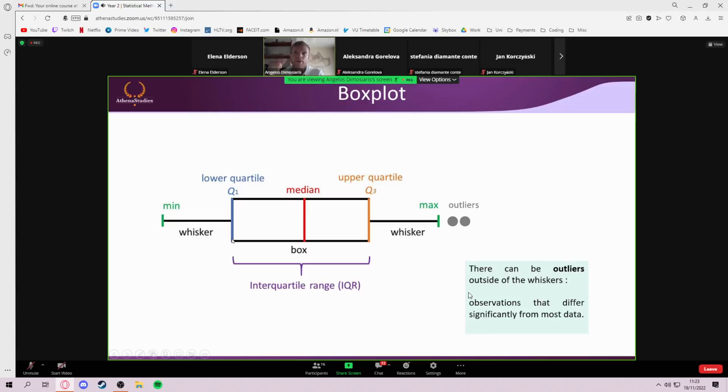So this is the value of the person at one quarter of my sample size. Let's say that you have 100 participants, right? This will be the value of the 25th person.